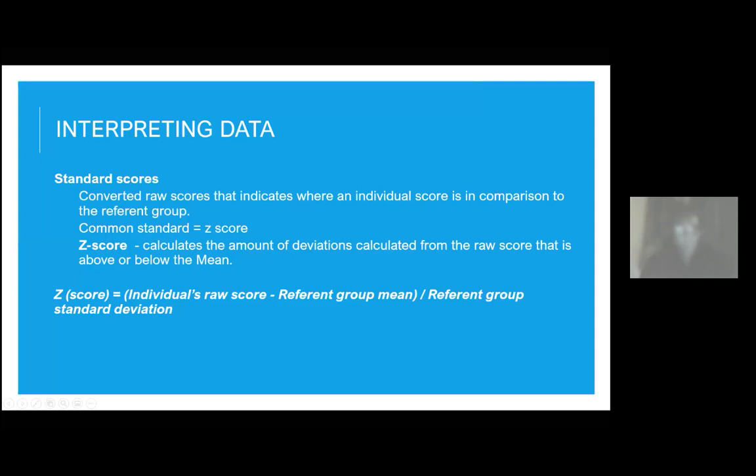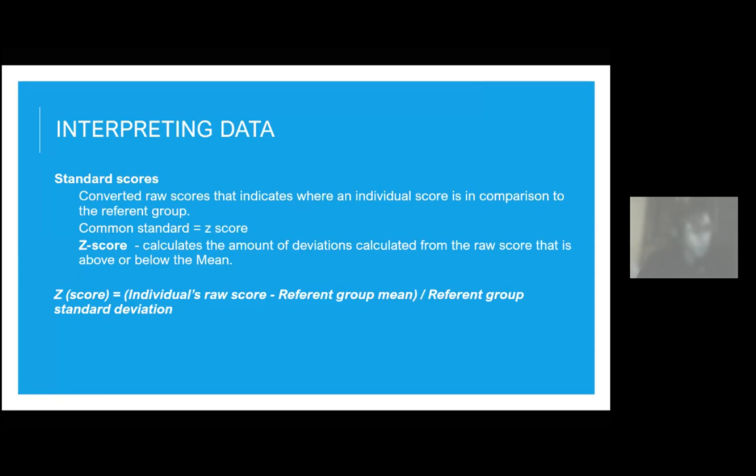And now we speak to standard scores. So standard scores basically are converted raw scores. And this indicates where an individual's score is in comparison to the reference group. So common standard scores are basically referred to as the z-scores.